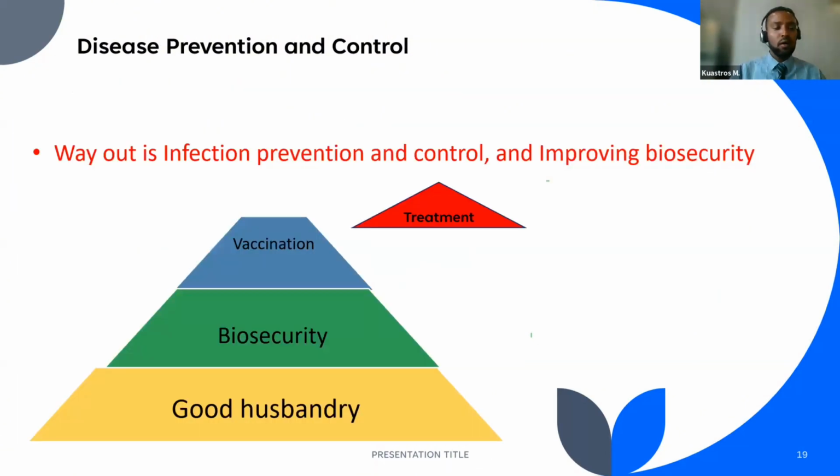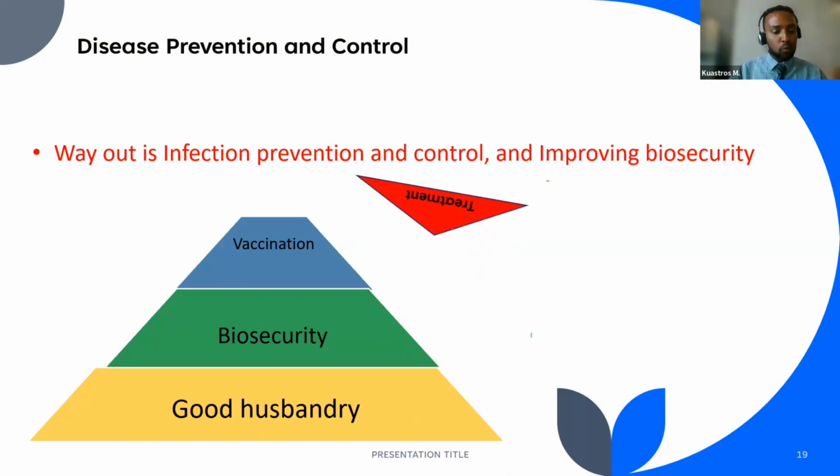So the way out for infection control or infection prevention is this pyramid. As you can see, the base of the pyramid is what should be done the most. The tip of the pyramid is the least that we need to do.